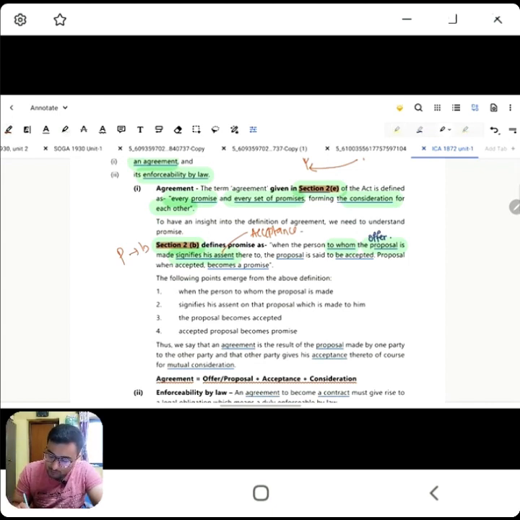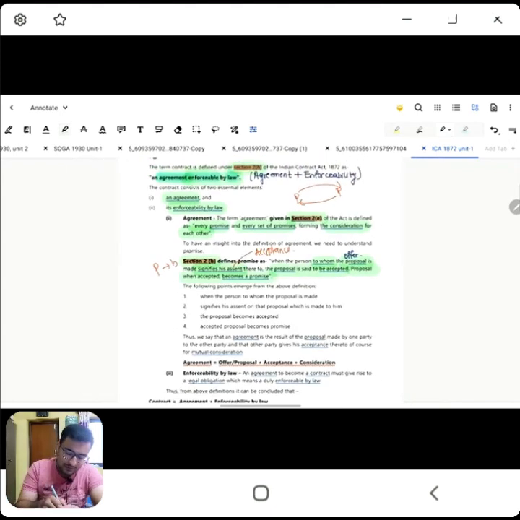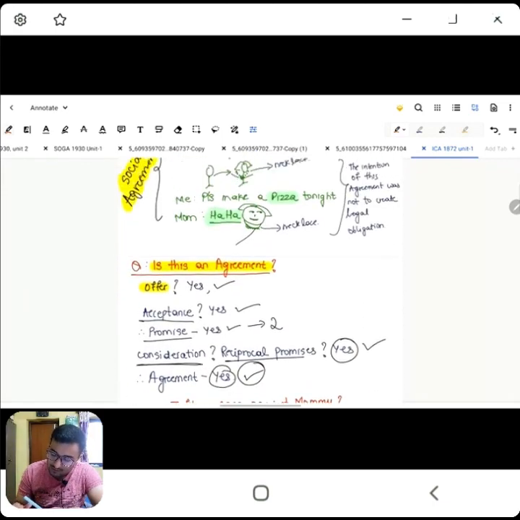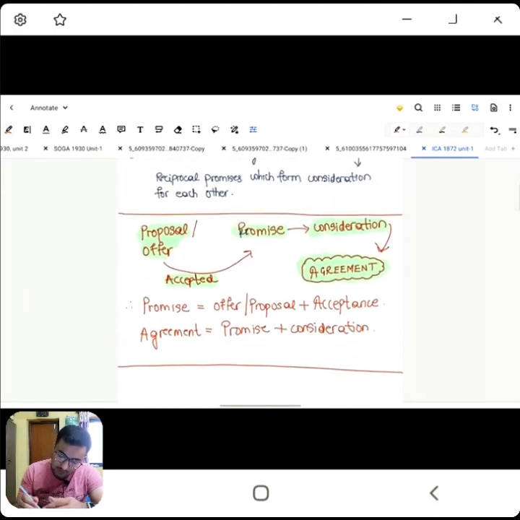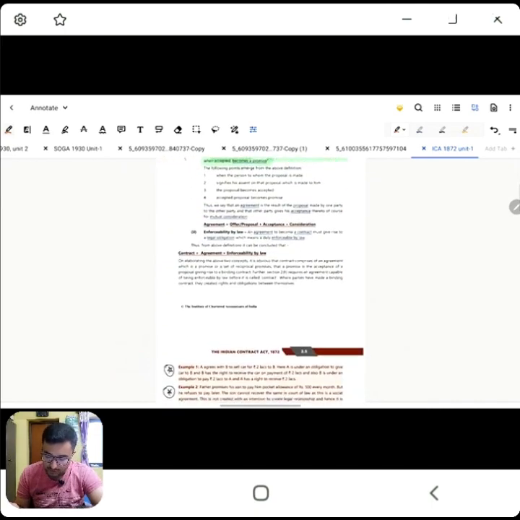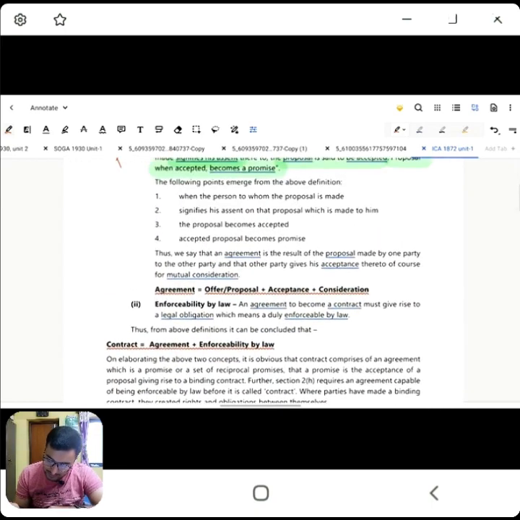The proposal is accepted, and a proposal when accepted becomes a promise. Didn't we write this already? Yes. You understand it logically, you can move ahead very smoothly. The rest is all explanation.